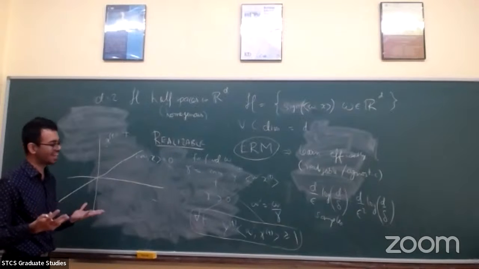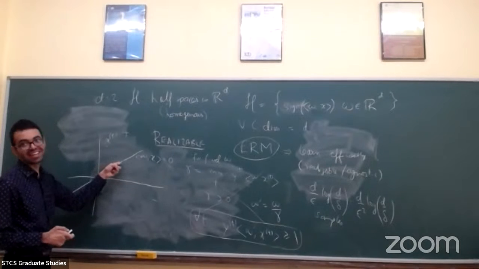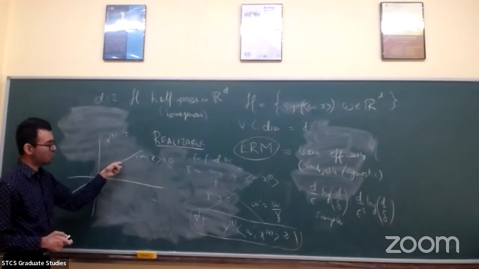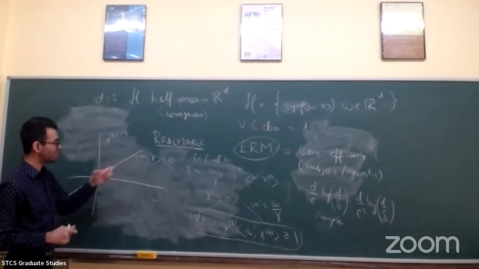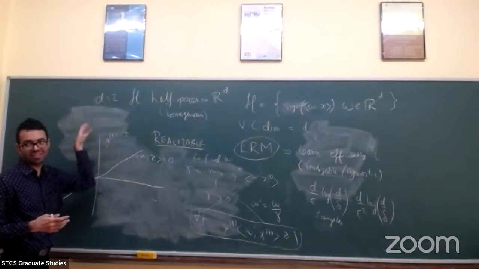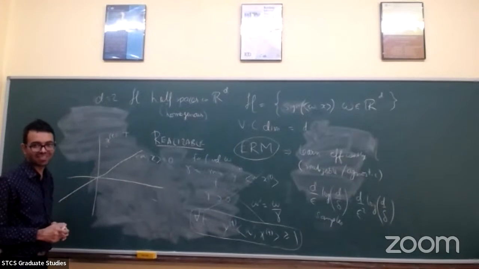Okay, so let's guess. If my x was on this line, then W inner product x is 0. So kind of the bigger it is, the further it is away from the line. That's kind of the idea.